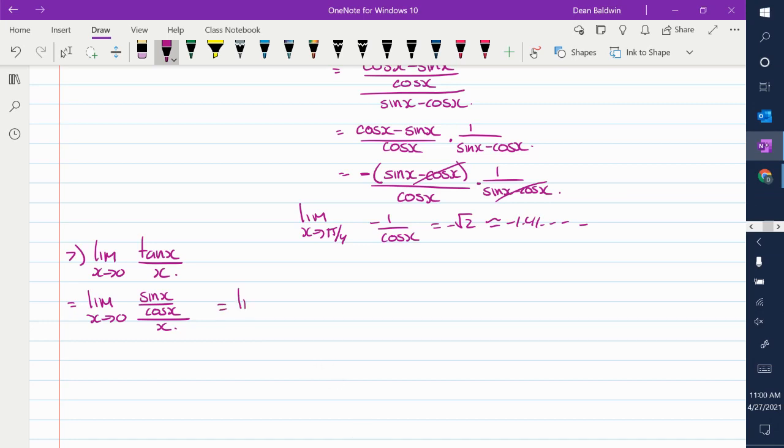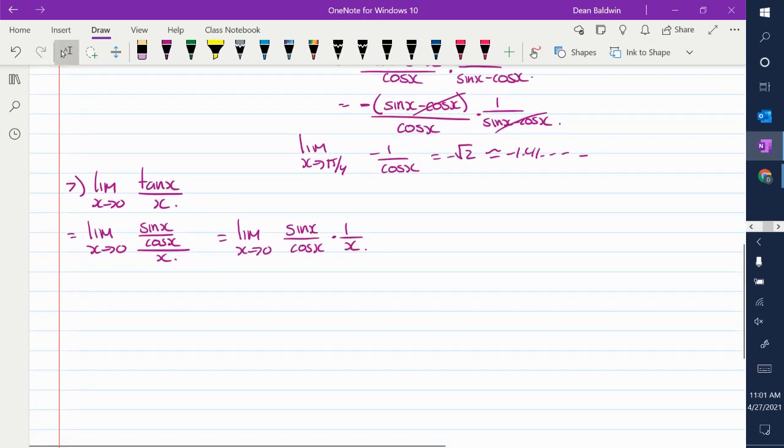So we would get that. And then we pick apart this to make it look like one of our special limits. Because it's being multiplied, you can do it any way you want.